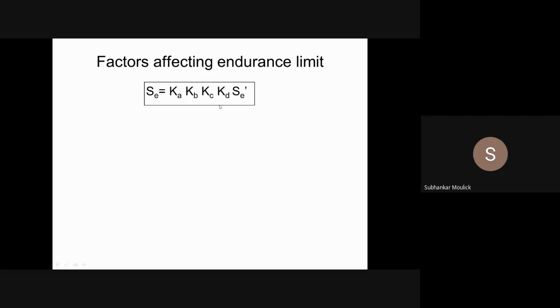What are Ka, Kb, Kc, Kd? These Ka, Kb, Kc and Kd are known as derating factors. Because in the laboratory, if you find out the value of SE dash, this is for a particular ideal specimen.